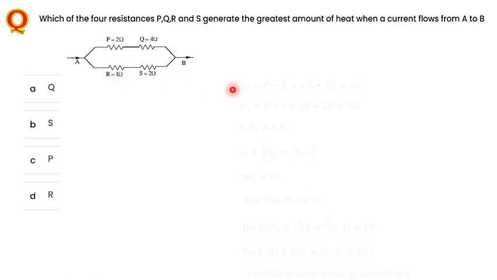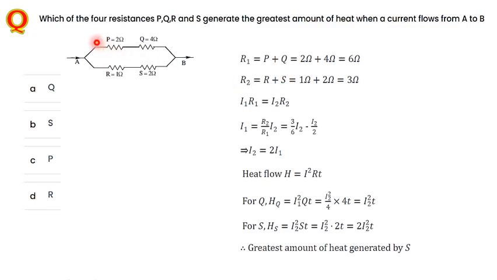So now in this case, you just have an idea for this one. R1 I just mentioned here. R1 is equal to, both are connected in series, that one P plus Q. 4 plus 2 here is what you are going to have, 6 ohm. 6 ohm this combination, and this one here is R plus S. You are having 3 ohm in the combination. This 6 ohm and 3 ohm are connected in parallel.